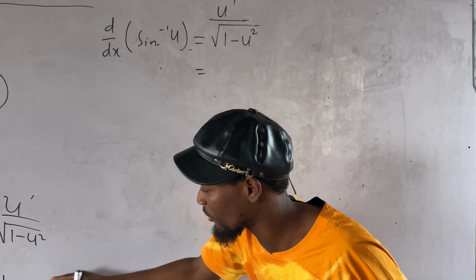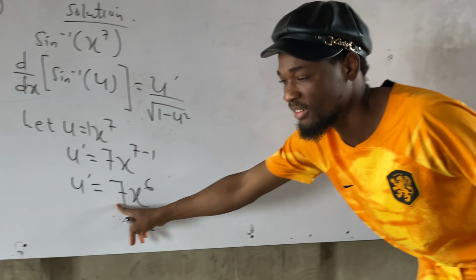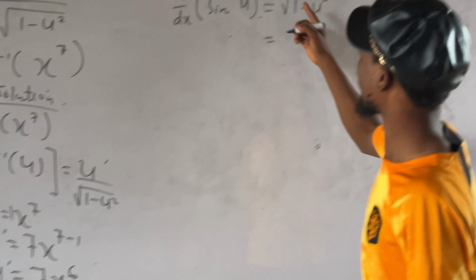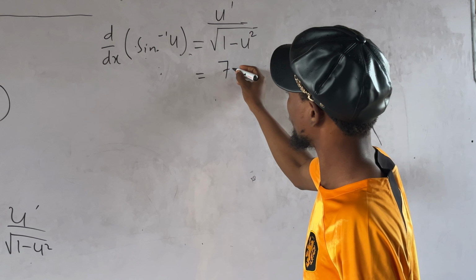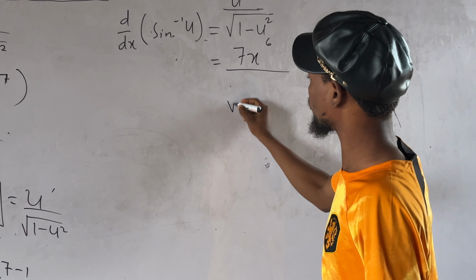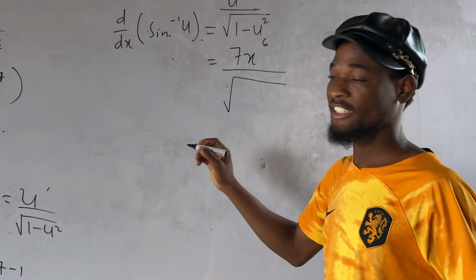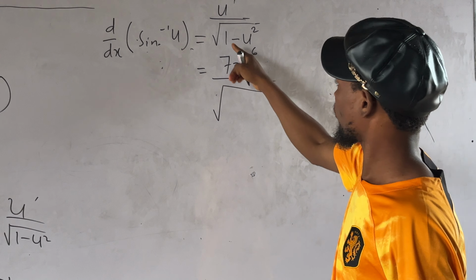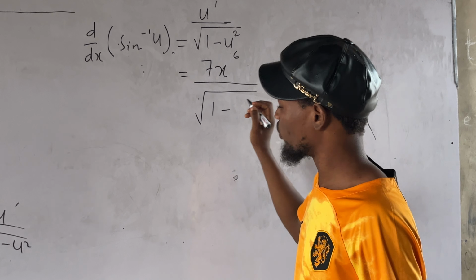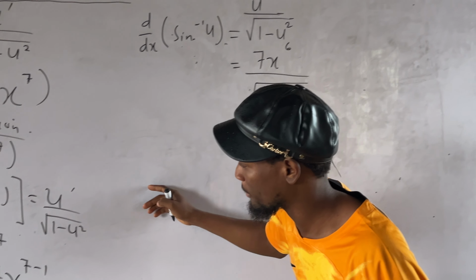U prime is equal to 7x to the power 6. So I have 7x to the power 6, then all over the square root of the expression 1 minus u squared. What is u again? We already know that from the question here.